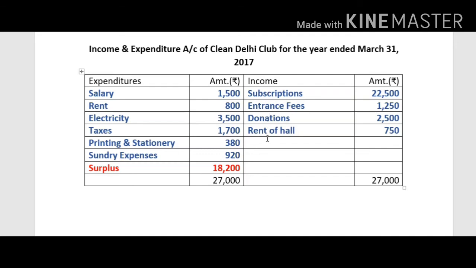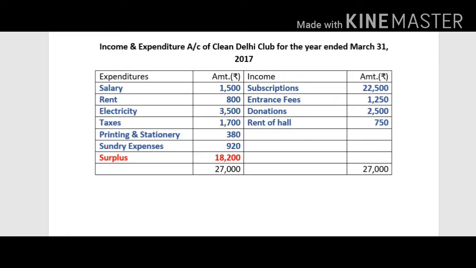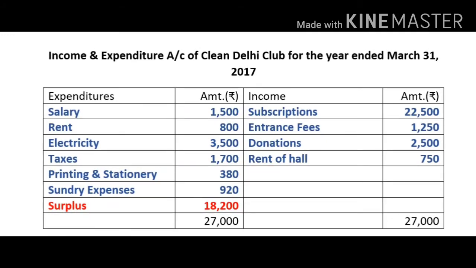Income side is more than expenditure side, so the difference will be surplus. This is how you can prepare the income and expenditure account when no adjustment is given in the question.